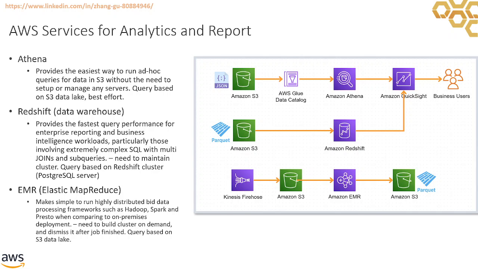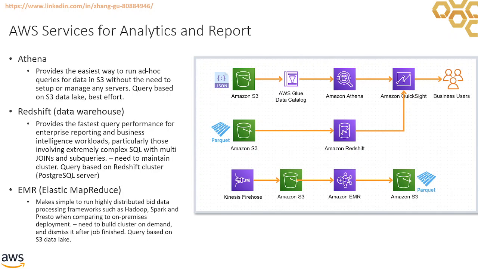For large-scale data analytics, as in your case, you will need three solutions for your different scenarios. First, Amazon Athena provides the easiest way to run ad hoc queries for data in S3 without the need to set up or manage any servers. Queries are based on the S3 data lake on a best-effort basis.